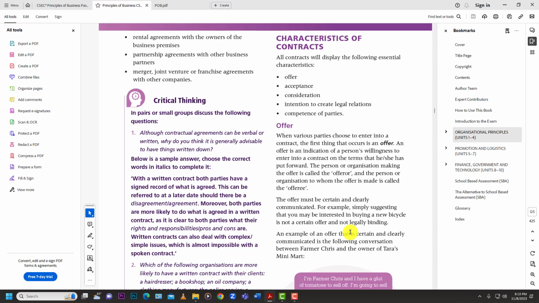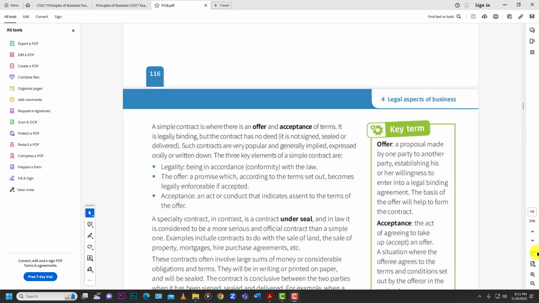Whether I'm offering something for sale between me and you, whether I'm offering you my services, whatever. But an offer is an indication of your willingness to enter into a contract on the terms that you have put forward, right? So remember, it is what you have put forward. So that's an offer. Or, put another way, an offer is a proposal made by one party to another party, establishing his or her willingness to enter into a legal binding agreement.